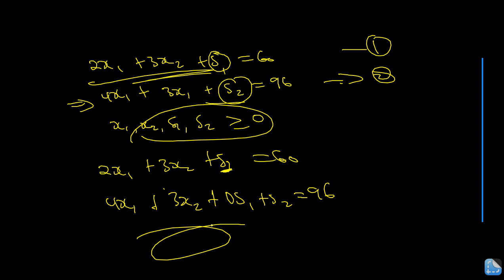When we start talking about the big M method and the dual method, we introduce artificial variables and surplus variables in our objective function, which we don't do here.